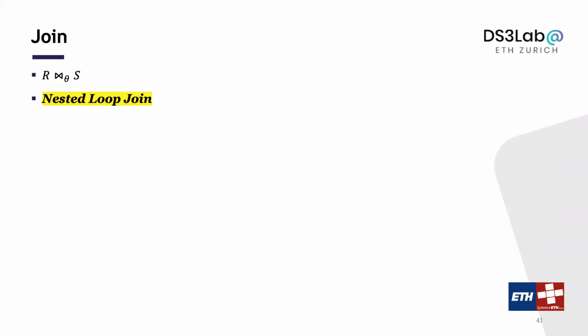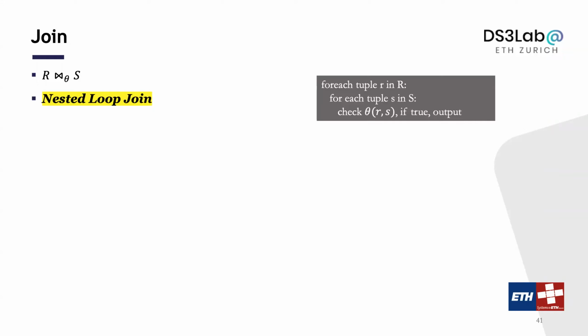The easiest way to do this is called nested loop join, which has a very simple algorithm. For each tuple r in relation R, you check every single tuple s in relation S, and for each pair, you check theta. If it's true, you output the pair.